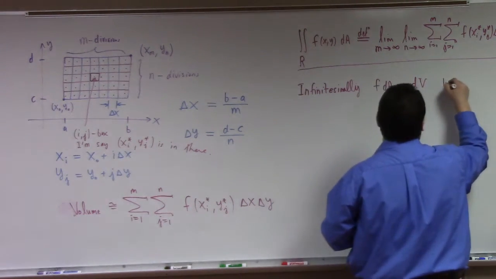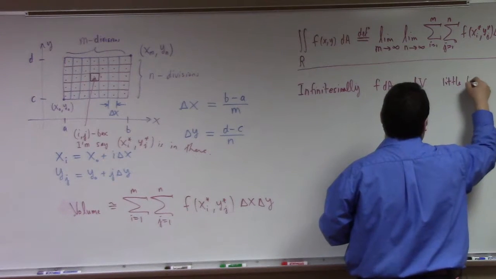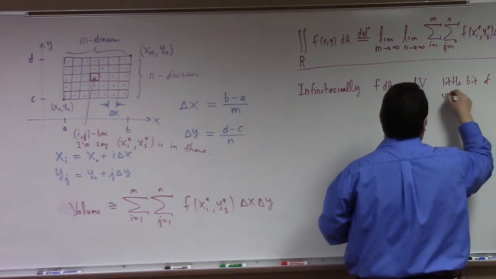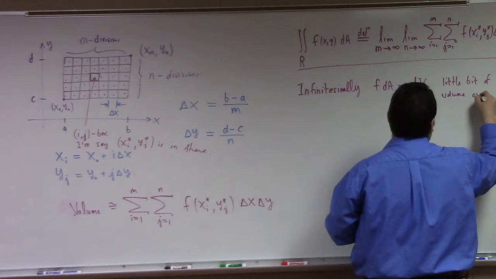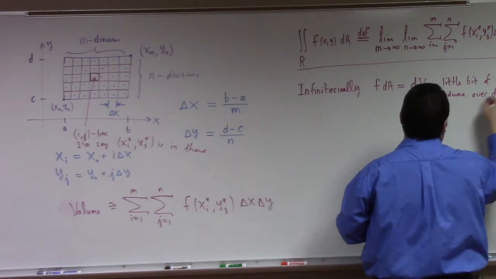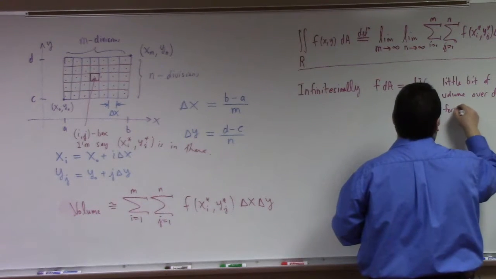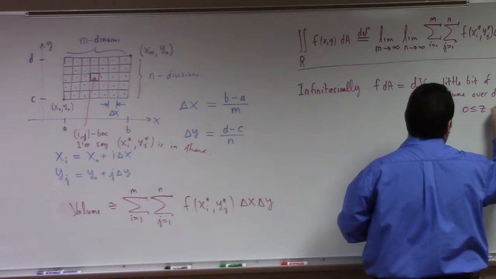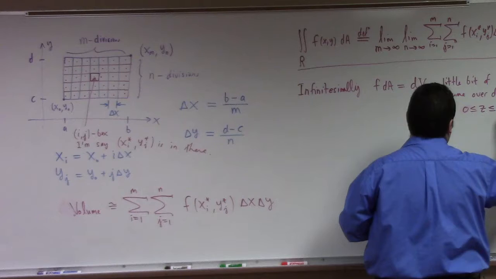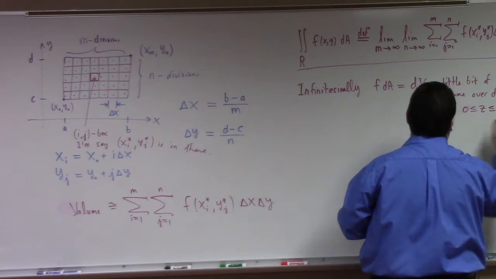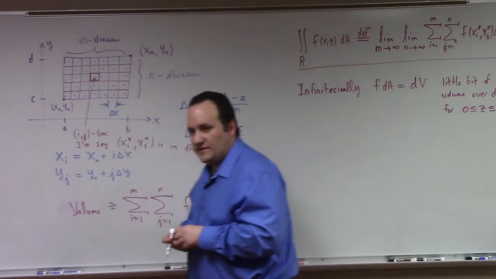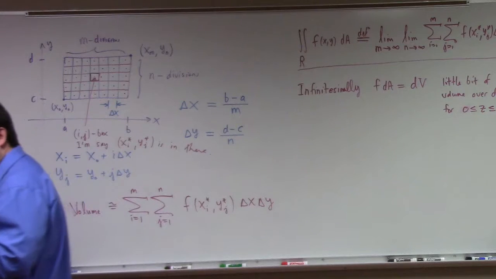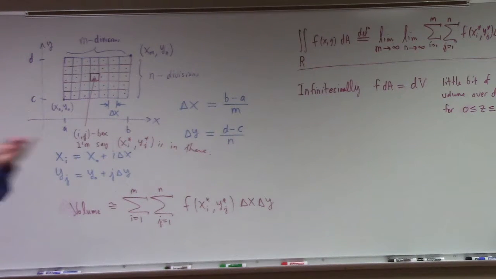That's the little bit of volume over dA for z, 0 less than or equal to z less than or equal to f at the point where dA is at the point x comma y. And you just add those up. That gives you the whole volume, and that's the double integral.